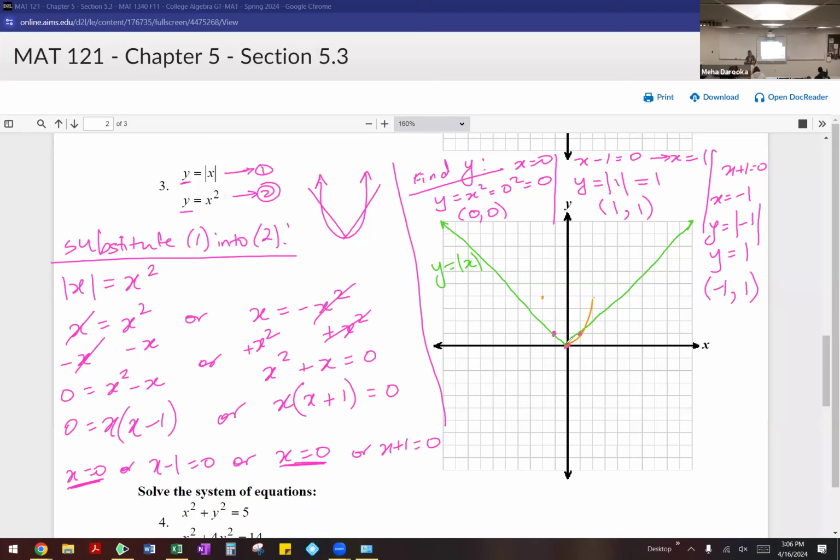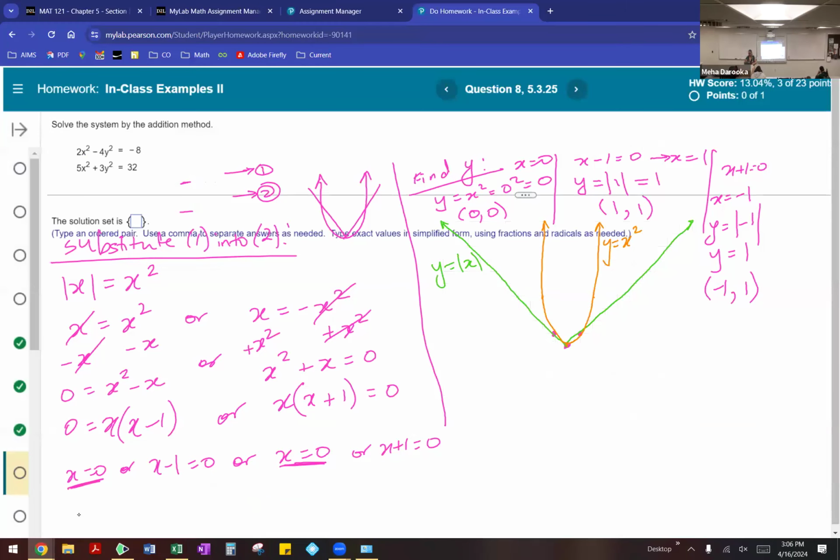So, I mean, my graph is obviously not very nicely done, but those would be the 3 points where your graphs would intersect. And we can do a quick test if you guys want to see a better drawing.